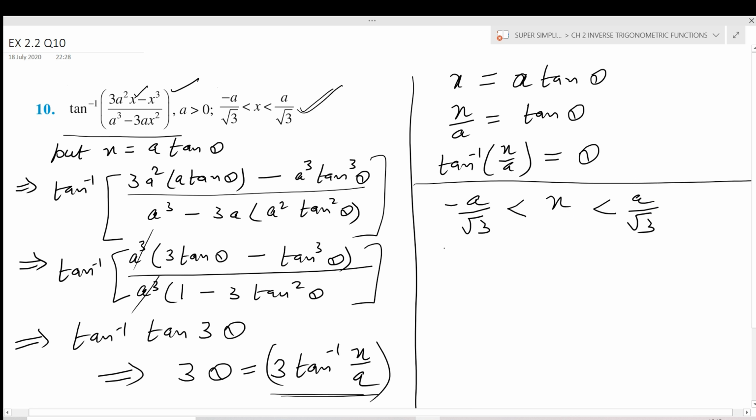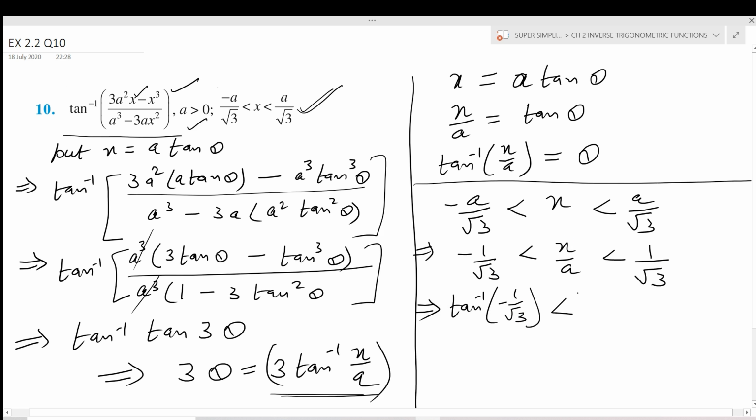Dividing the whole inequality by a, since it is also given in the question that a is greater than 0, this becomes minus 1 by root 3, this becomes x by a, and this becomes plus 1 by root 3. Now taking tan inverse of all the three, this is tan inverse of minus 1 by root 3, tan inverse of x by a, and tan inverse of plus 1 by root 3.